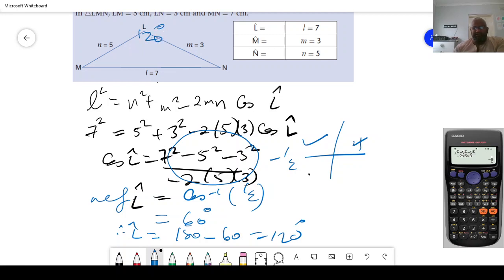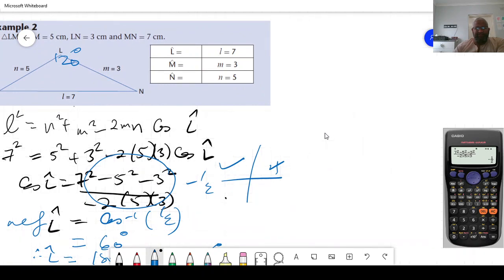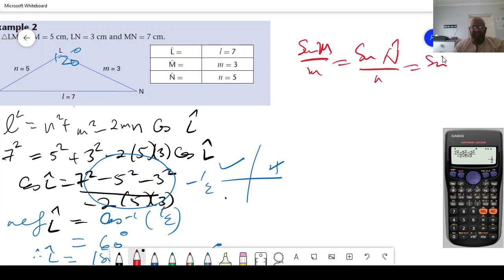Okay, now since we have taken the biggest length, the ambiguous case of the sine rule is not going to be applicable here. Okay, so yes, it is an obtuse triangle. Now to calculate m, I'm going to say sine m over m is equal to sine n over n is equal to sine L over l.